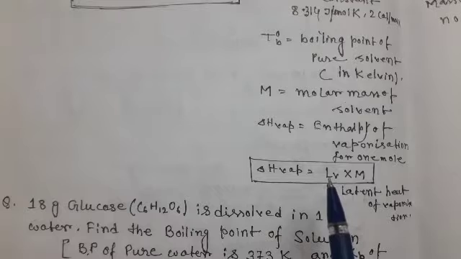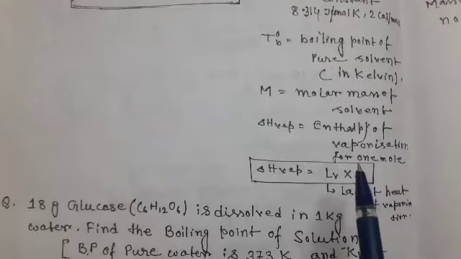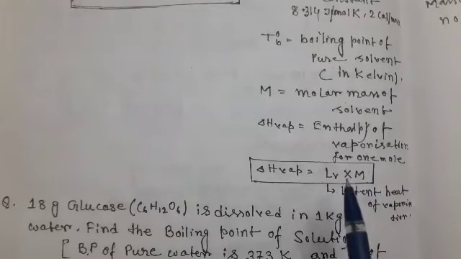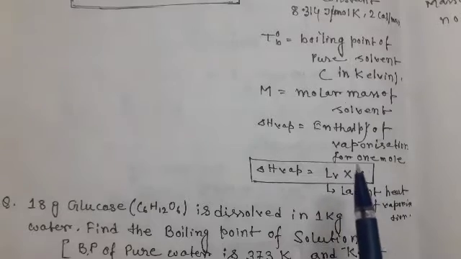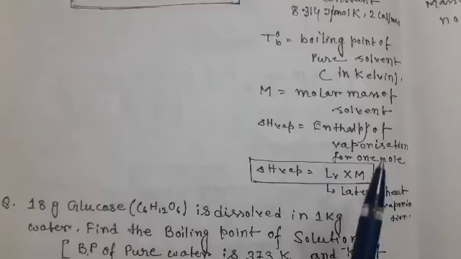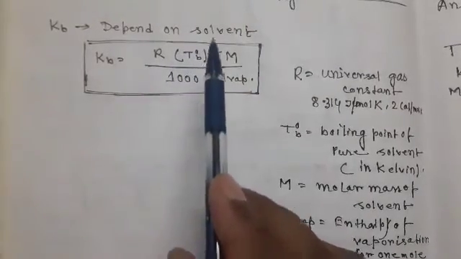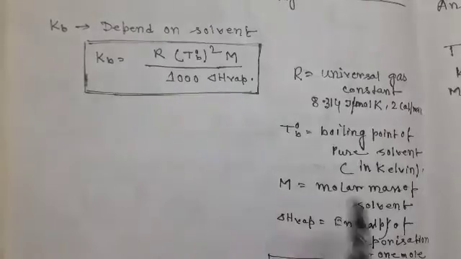That is the latent heat of vaporization, for 1 gram, but delta H vap is for 1 mole. So we multiply with molar mass. Lv multiplied with molar mass converts into delta H vap, the enthalpy of vaporization. So the formula of Kb is equal to R (T0b) whole square M by 1000 delta H vap.